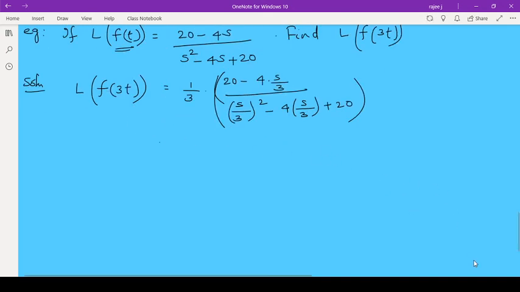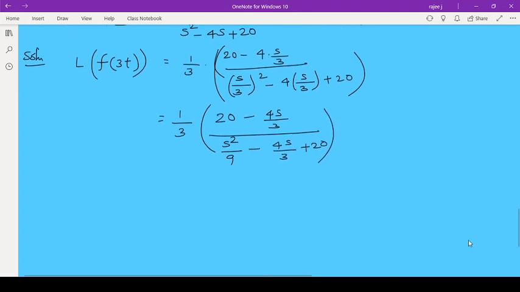This is equal to, what we have done is all s is replaced by s by 3 and multiplied by 1 by 3. So this is 1 by 3 into 20 minus 4s by 3 divided by, with simplification, s square by 9 minus 4s by 3 plus 20.